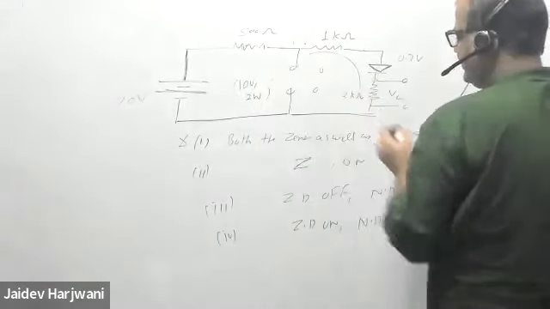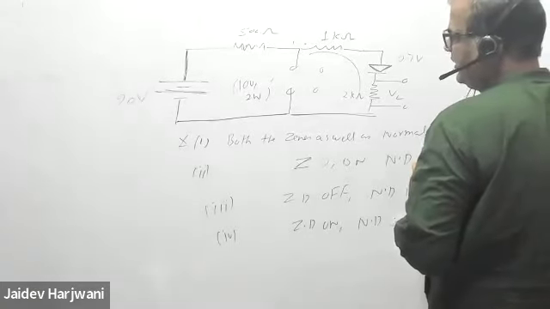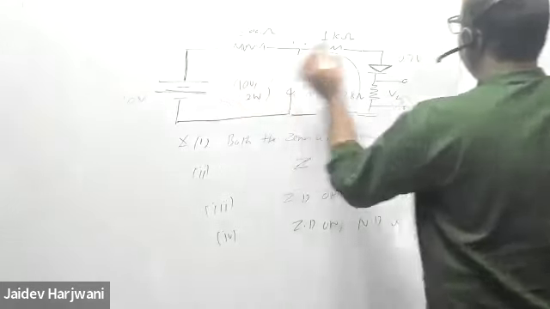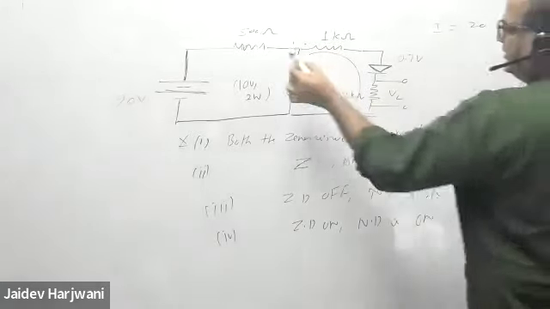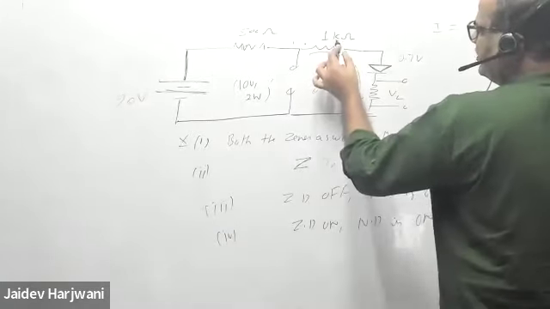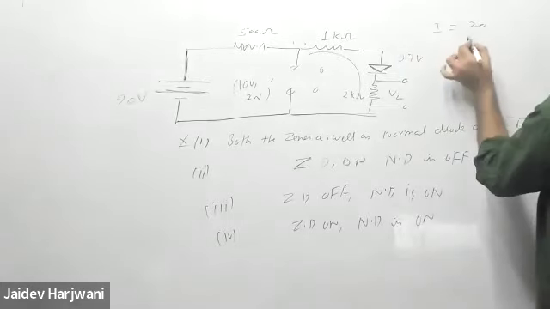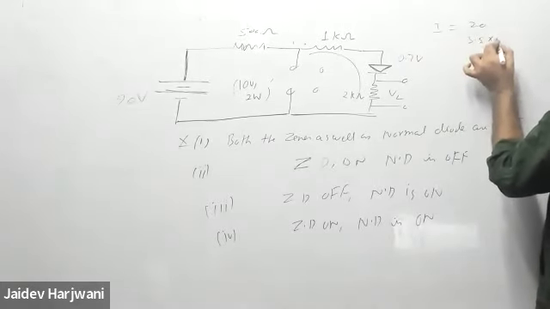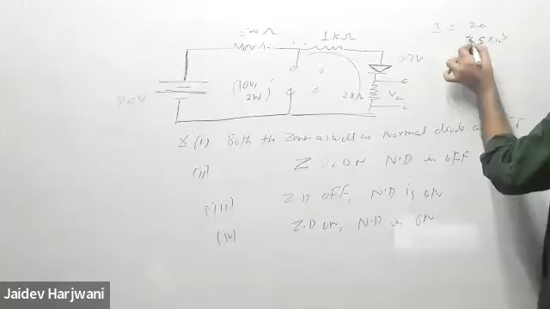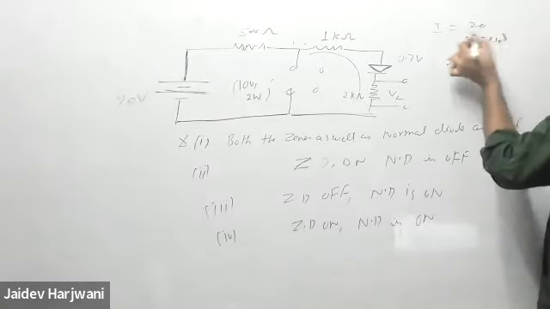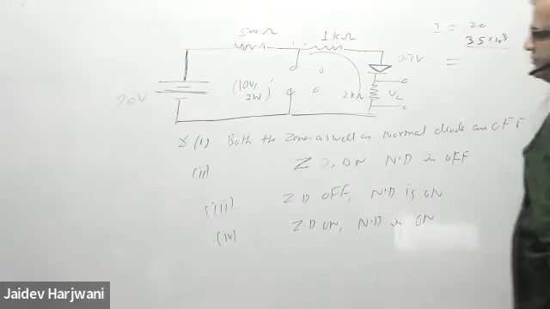How much current is flowing in the circuit? The total battery is 20 volt, and the resistances are 2 kilo ohm, 1 kilo ohm, and 0.5 kilo ohm, which is 3.5 kilo ohm. Tell me what is the current value? 20 divided by 3.5. What is the value?